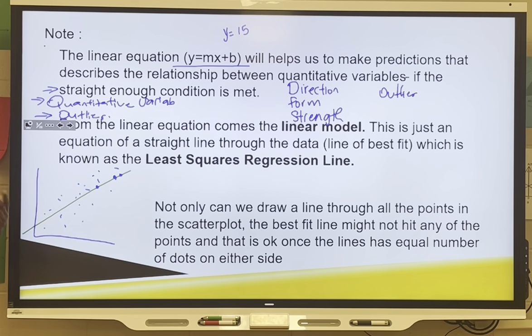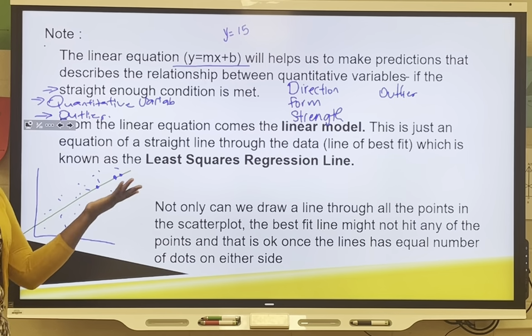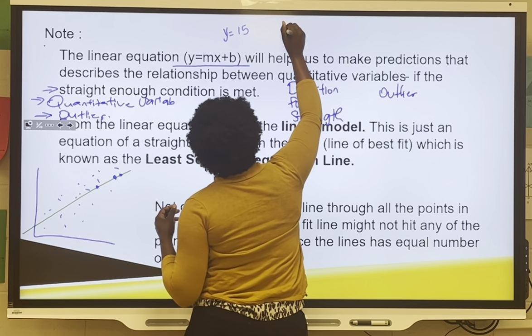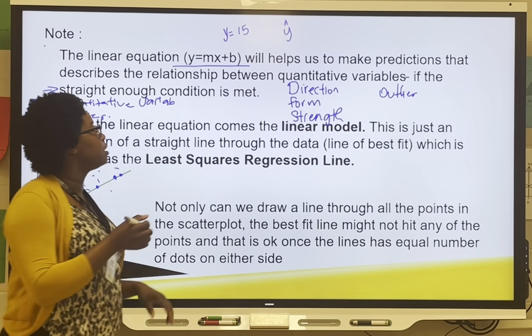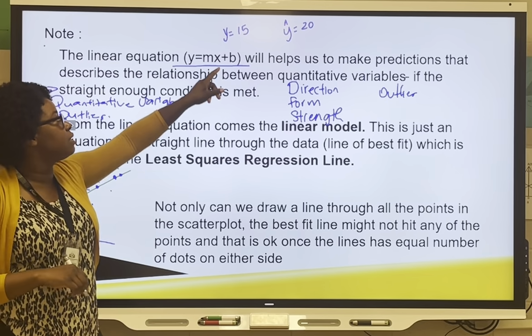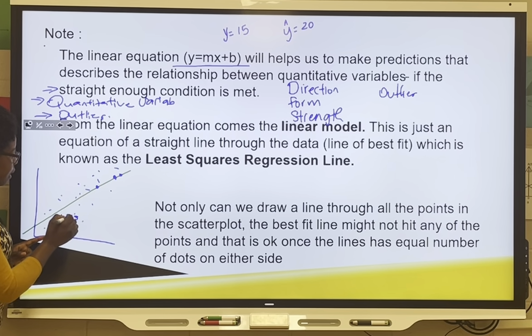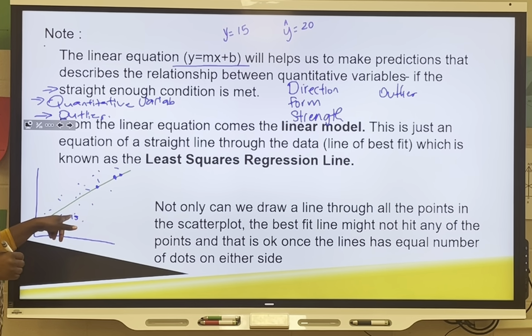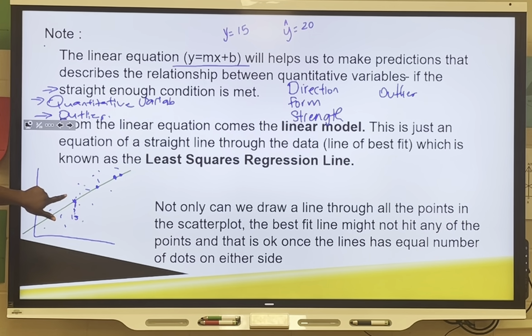If it's overestimating, it's going to be a bigger number than what it actually is. So the prediction that the model made is denoted by y hat, and that could be, let's say, 20. For example, this point could be 15 for y, and the model predicted this point to be 20. So it overestimated this point, so the actual estimation for the model is where the line is.